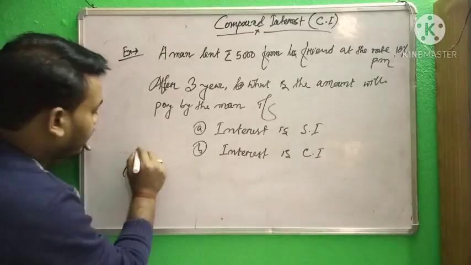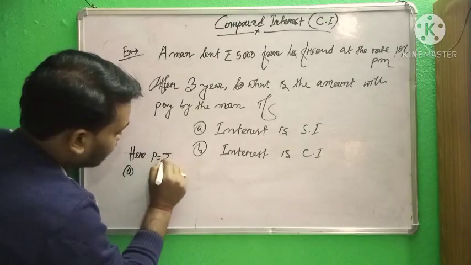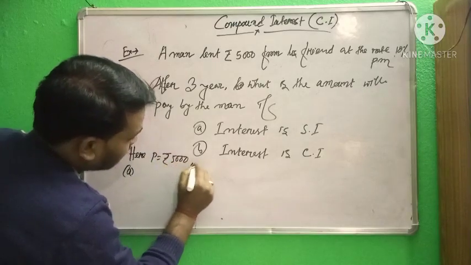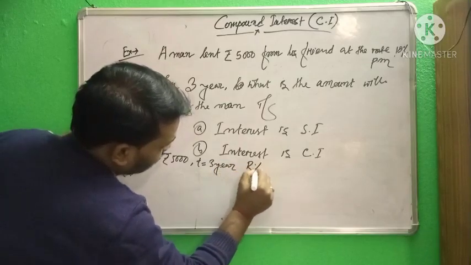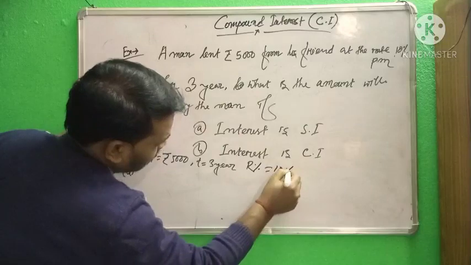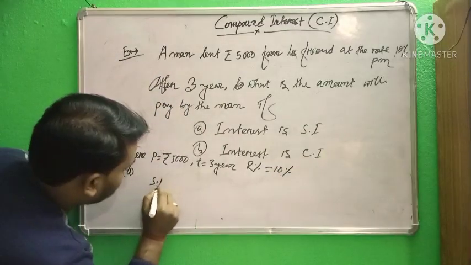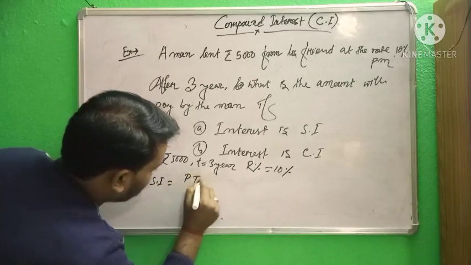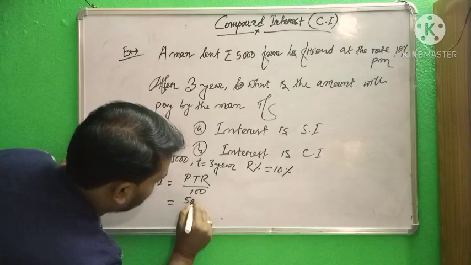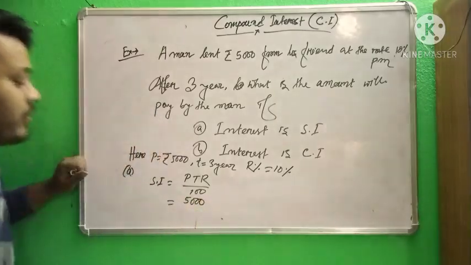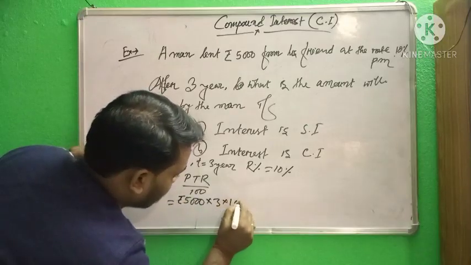Here P equals rupees 5,000, T equals 3 years, R equals 10%. So the value of R is 10. Therefore, SI equals PTR by 100, that means 5,000 into 3 into 10 by 100.